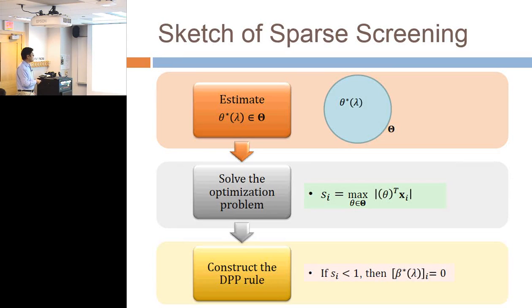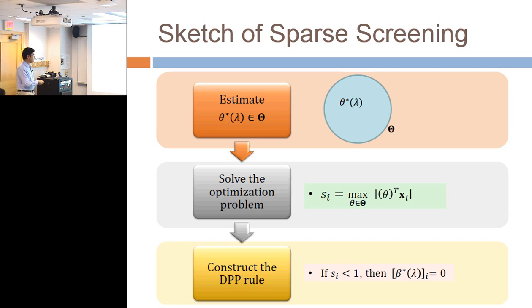The first step is we estimate the dual variable. We estimate the optimal solution of the dual problem. It turns out that we can use a very small ball to bound the dual optimum. The second step is to solve this simple optimization problem, because the objective function is linear and the constraint set is a ball.